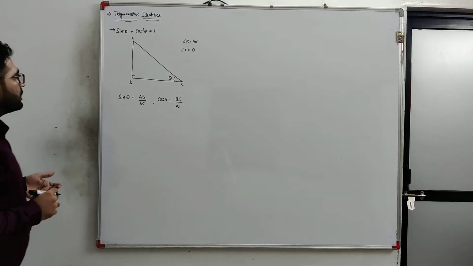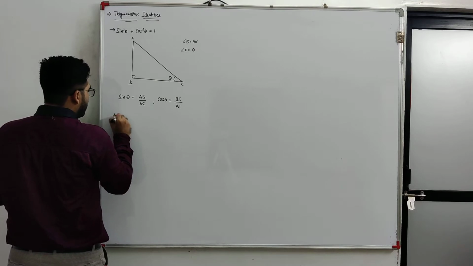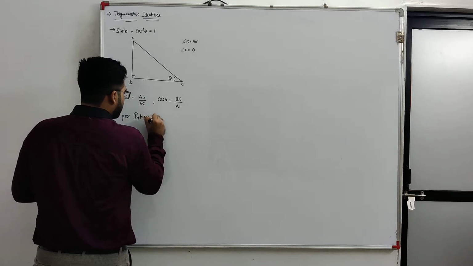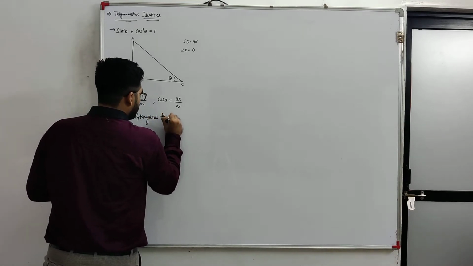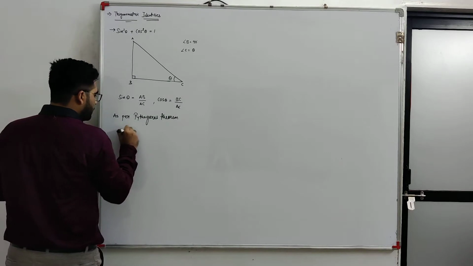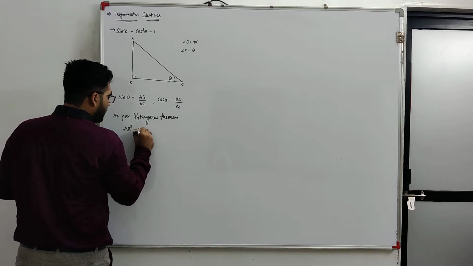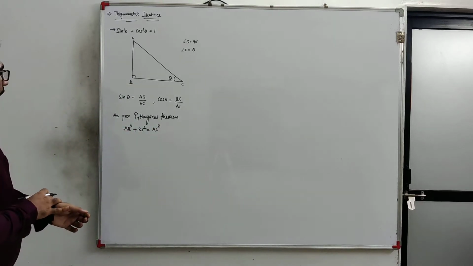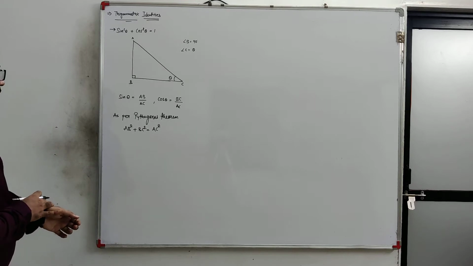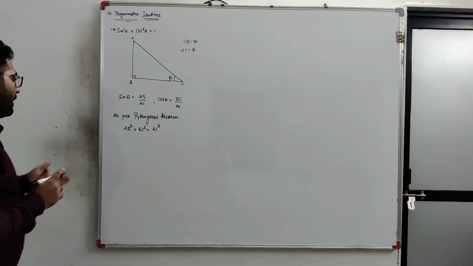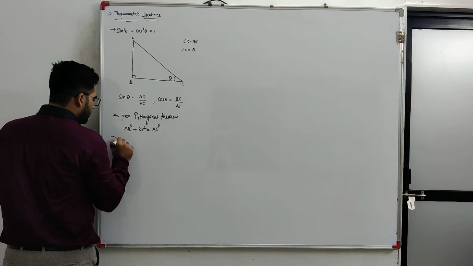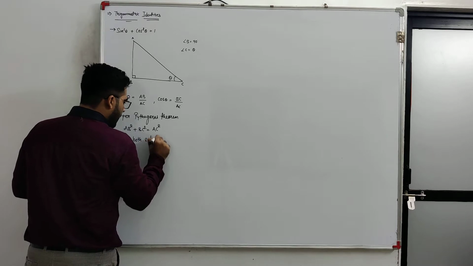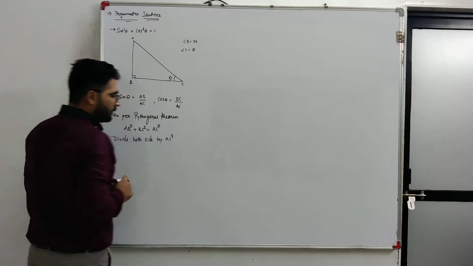Now here I am using the Pythagoras theorem. As per Pythagoras theorem, AB square plus BC square is equal to AC square. Using this Pythagoras theorem, I will derive the identity. Here I divide both sides by AC square.